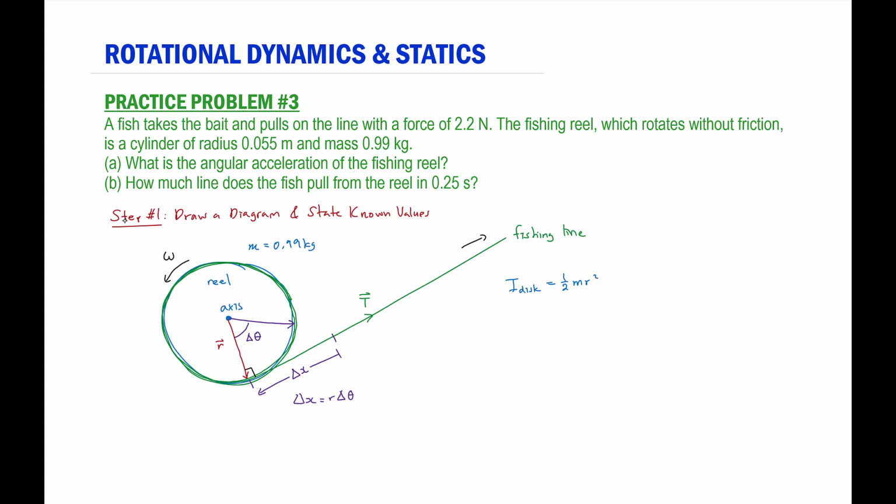What else are we given? We're given the value of r being 0.055 meters, and we're given the magnitude of the tension, which is 2.2 newtons.